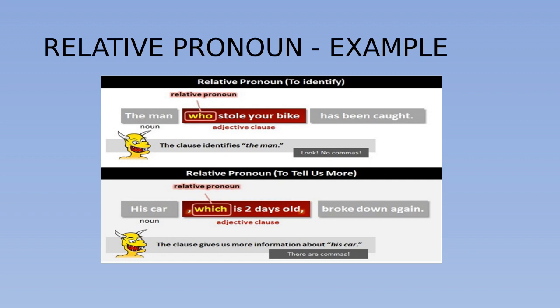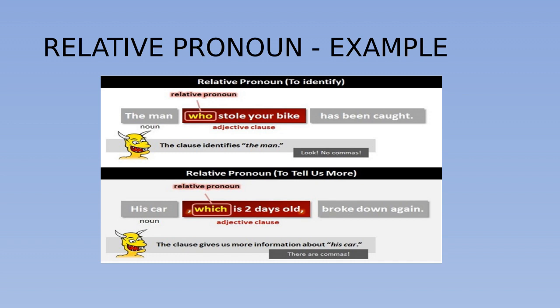So there's the man, the relative pronoun, who stole your bike has been caught. His car, which is 2 days old, broke down again. So the relative clause here is not used as much, and I think it's because students are often unaware either where the comma goes or which pronoun to use.